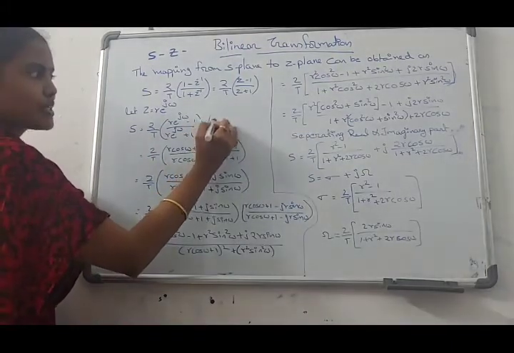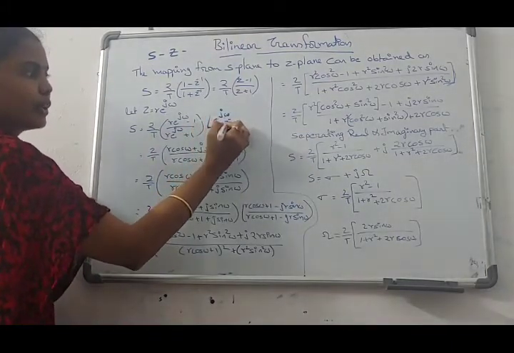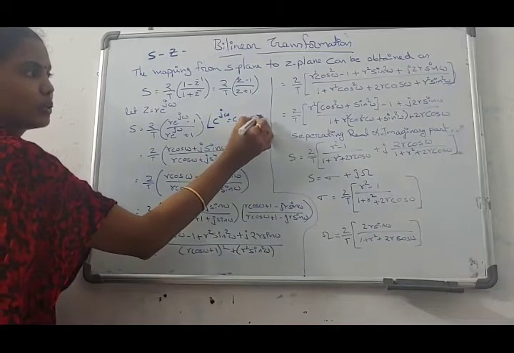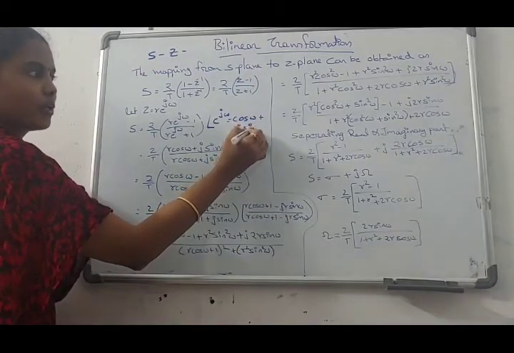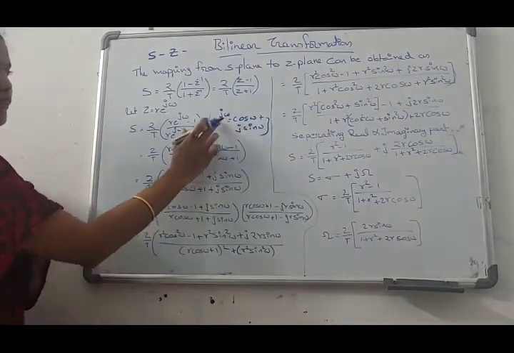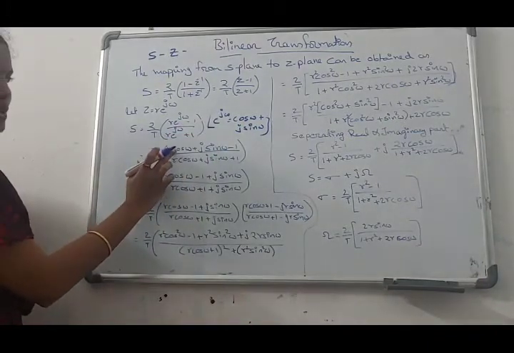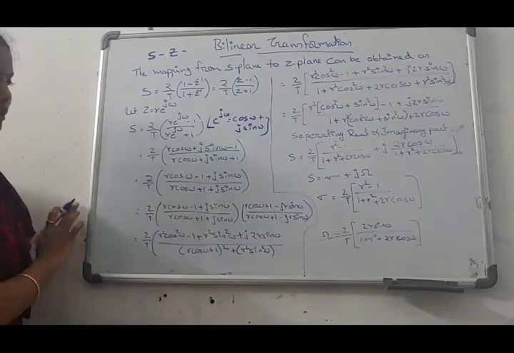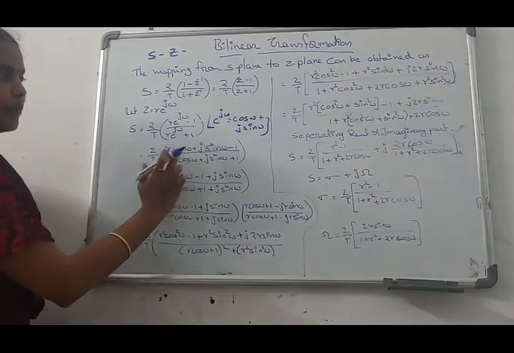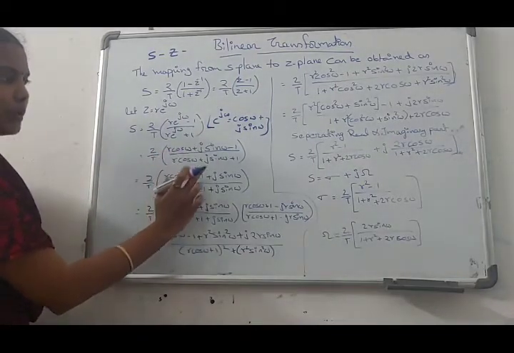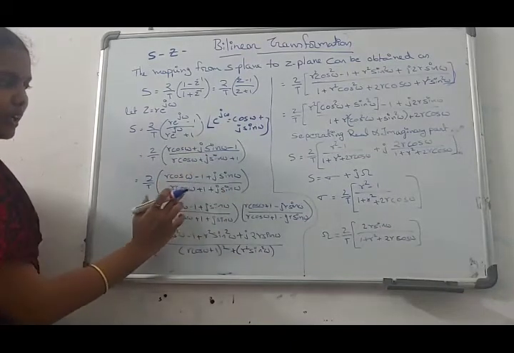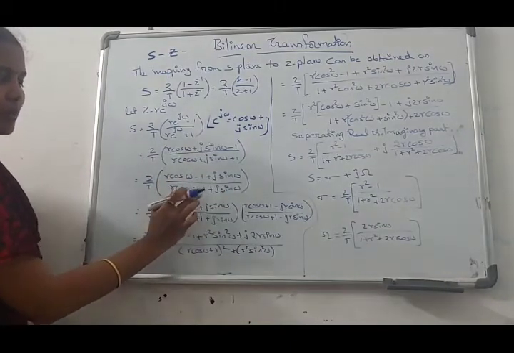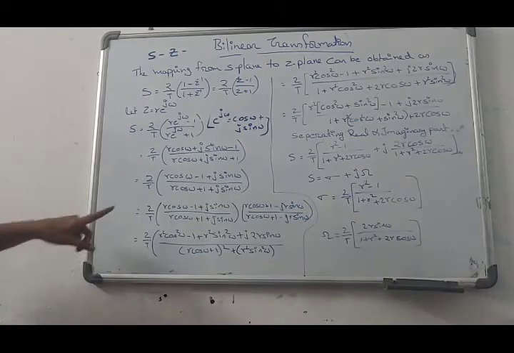Now, what is e power j omega? You write it as cos omega plus j sin omega. Substitute that in place of e power j omega, in the numerator and the denominator alike. The numerator is r cos omega minus 1 plus j r sin omega, and the denominator is r cos omega plus 1 plus j r sin omega.